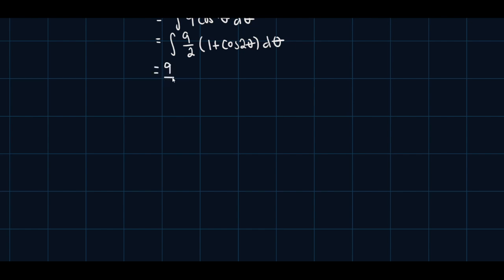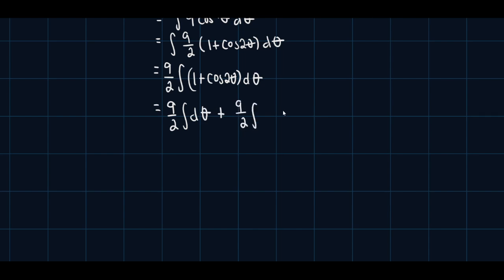We have 9/2 integral ng 1 plus cosine 2 theta d theta. Let's just separate the terms. 9 halves integral ng d theta plus 9 halves integral ng cosine 2 theta d theta.